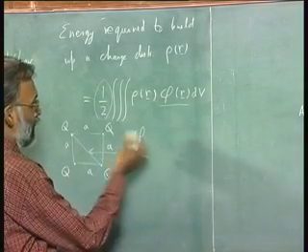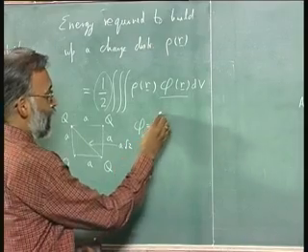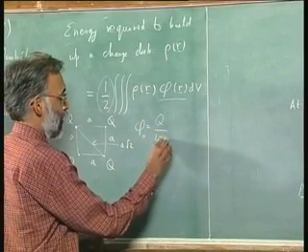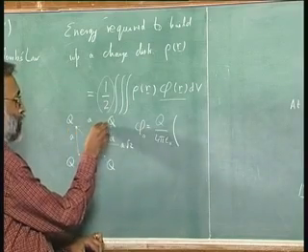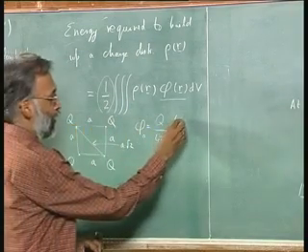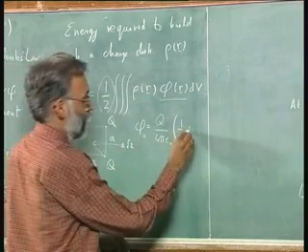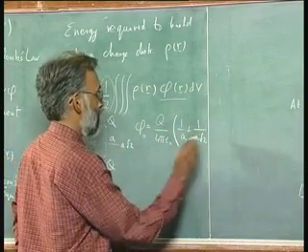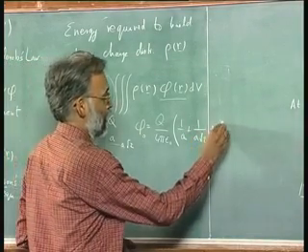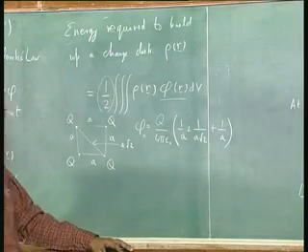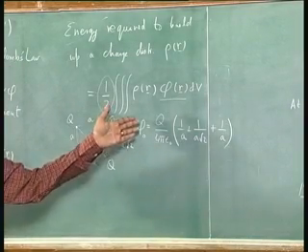The potential at all the charges is equal, and that phi naught is equal to q over 4 pi epsilon naught times, for this potential, the potential due to the second charge is 1 over a, the potential due to the third charge is 1 over a root 2, the potential due to the fourth charge is again 1 over a.